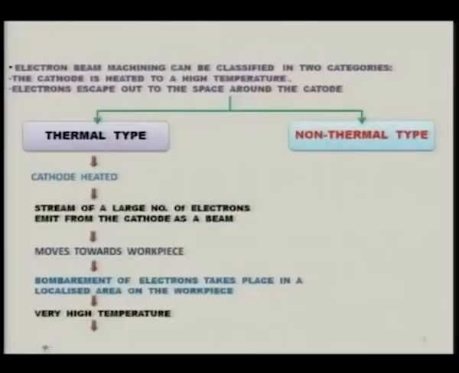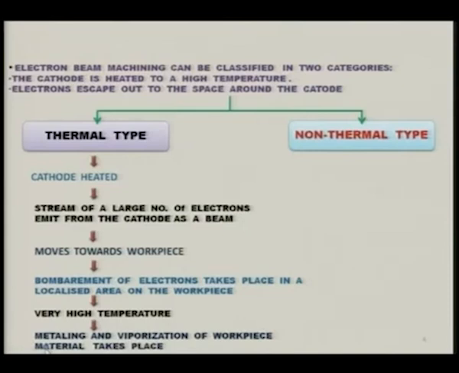So their kinetic energy is substantial to increase the temperature of that small localized area of the workpiece to the extent that the workpiece material melts, and in most cases it vaporizes and the material is removed. So finally, melting and vaporization of workpiece material is the mechanism of material removal. It is not machining, it is melting.